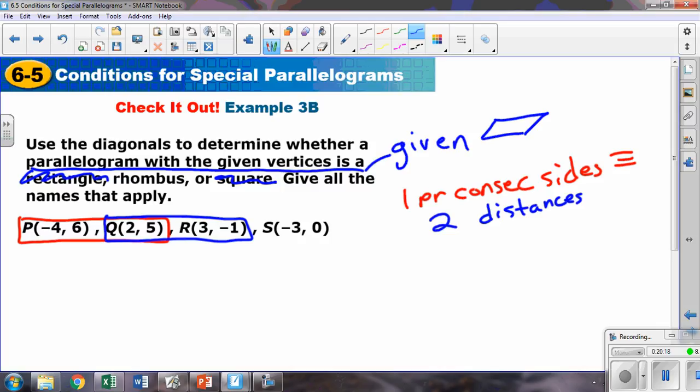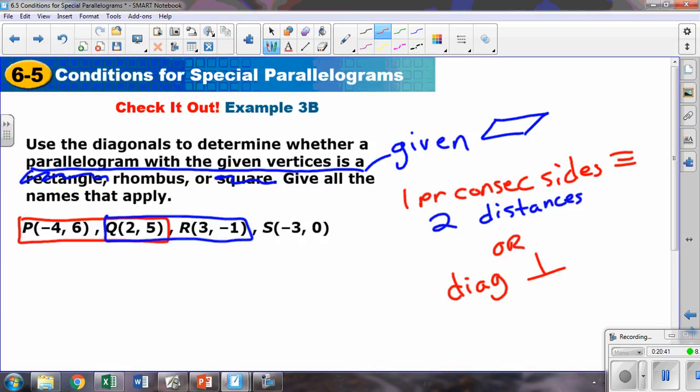If we have matching or equal distances, that gives us our congruency. Another thing we could do, if the diagonals are perpendicular to each other, that'll give us our rhombus.